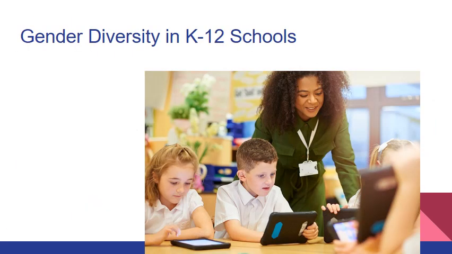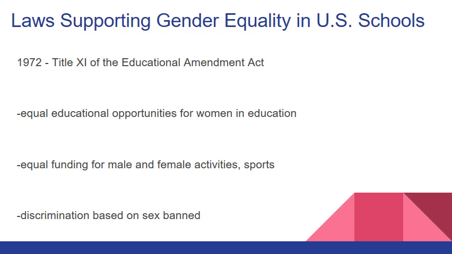Our first topic in today's lesson will be gender diversity in K-12 schools. It's important to understand the laws that support gender equality in U.S. schools. In 1972, a fundamental law was passed, Title IX of the Educational Amendment Act. Title IX stipulated that there could be no discrimination based on someone's sex or gender.